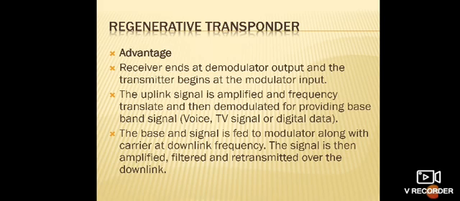That means demodulation is done directly at the receiver end. The baseband signal is fed to the modulator along with the carrier at the downlink frequency. The signal is then amplified, filtered and retransmitted over the downlink frequency.